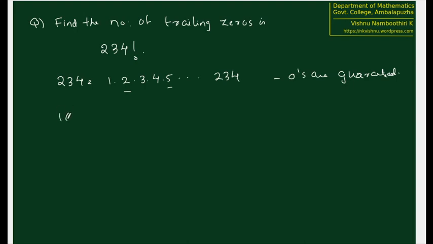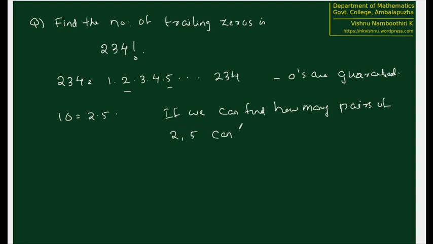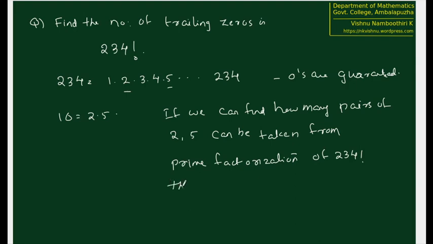But we know that 10 is nothing but 2 into 5, and if we can find how many pairs of 2, 5 can be taken from the prime factorization, not canonical decomposition, prime factorization of 234 factorial, then those many zeros will be there.